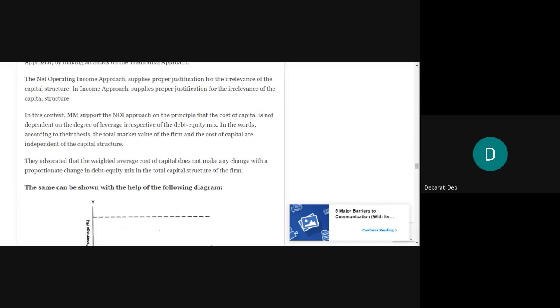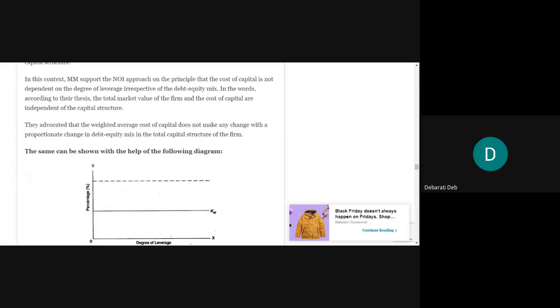It can rather be done by the earnings before interest and tax and the overall cost of capital. Okay. In this context, MM has taken their propositions from this context itself.